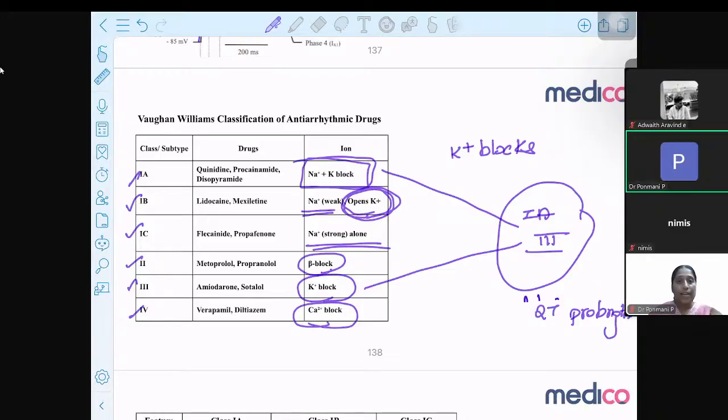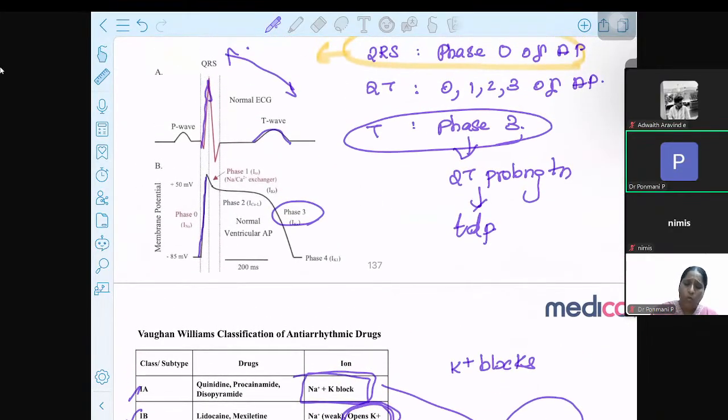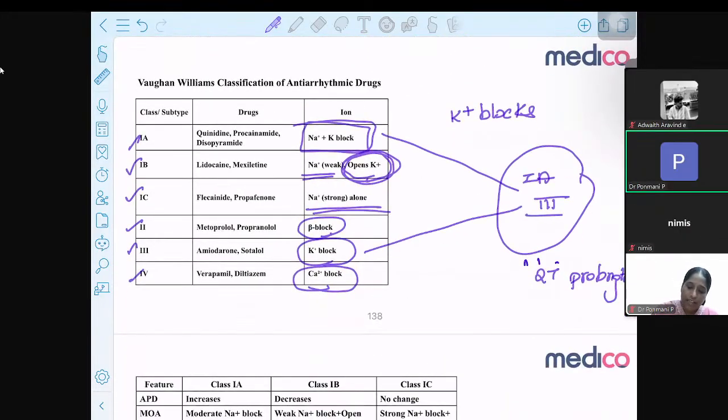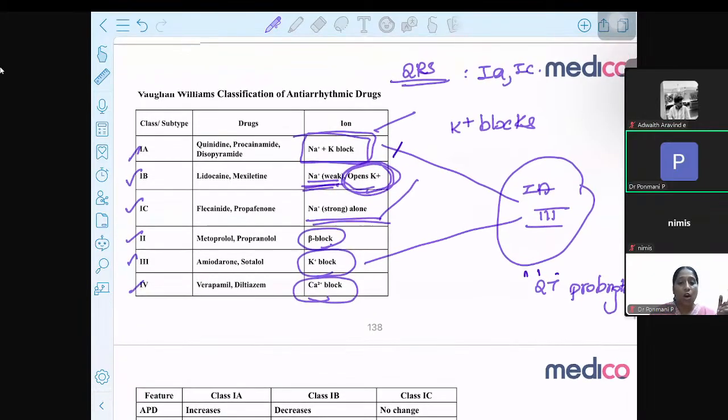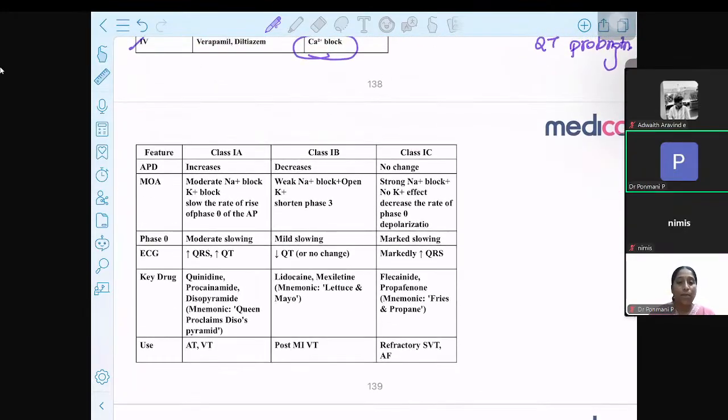Can you tell me which drug causes QRS prolongation? That is all the class 1 drugs. Since class 1B is weak, the QRS prolongation is more with the two classes 1A and 1C. Okay, in our question, this is about more detail on 1A, 1B, and 1C.